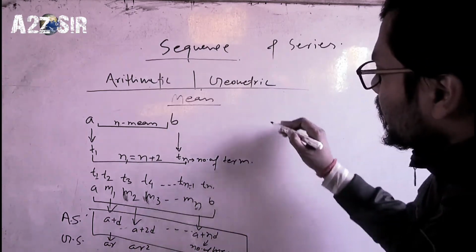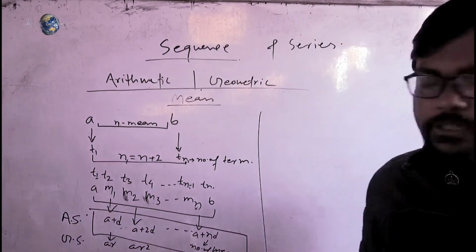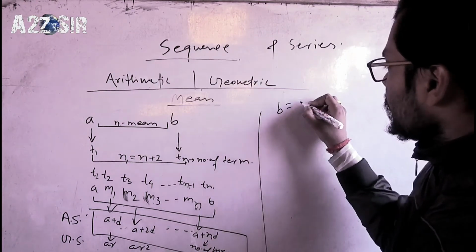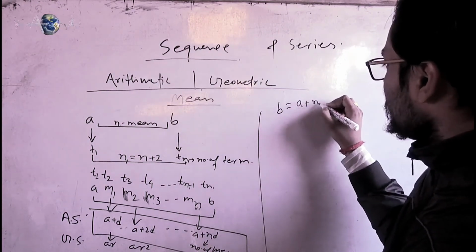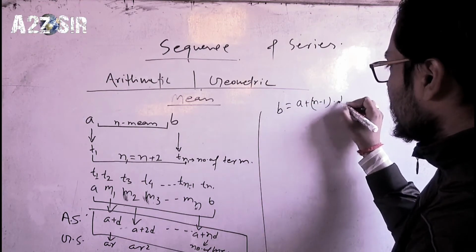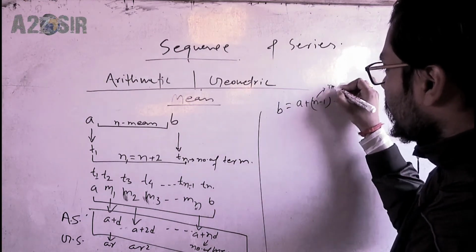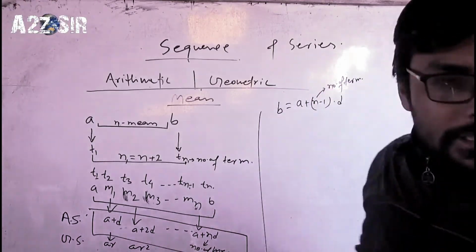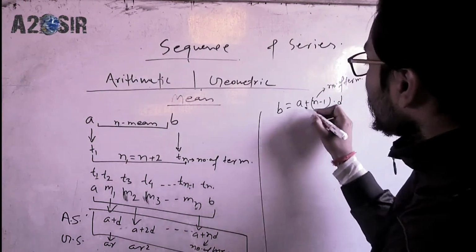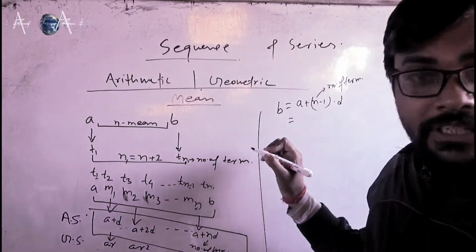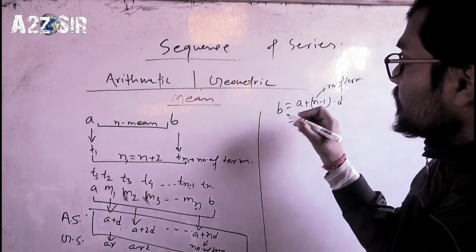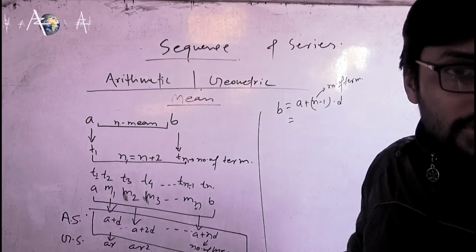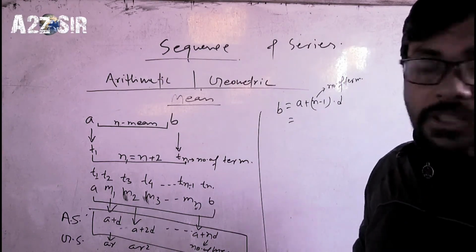Okay, and the next thing we are discussing: if B is equal to A plus (n minus 1) into D, where n is the number of terms for an arithmetic series, then if we go for the number of means between them, n is replaced by n plus 2, because n1 stands for the number of terms.